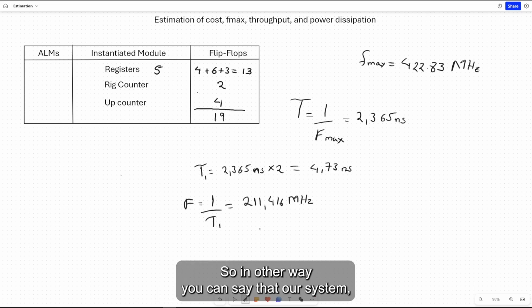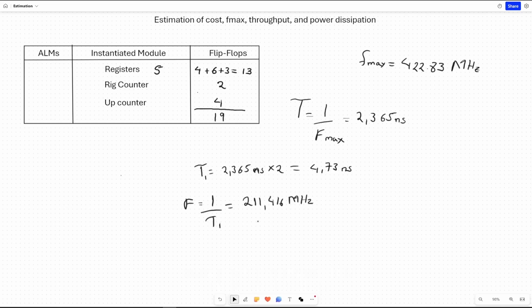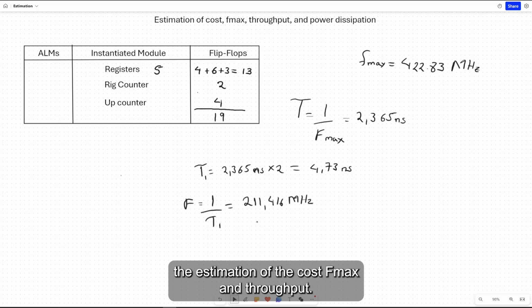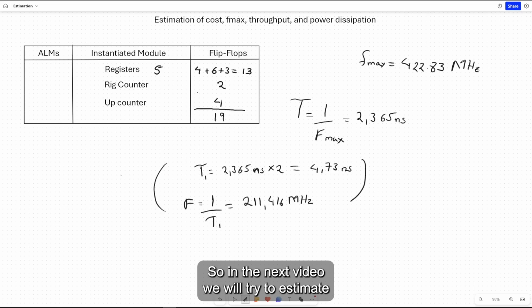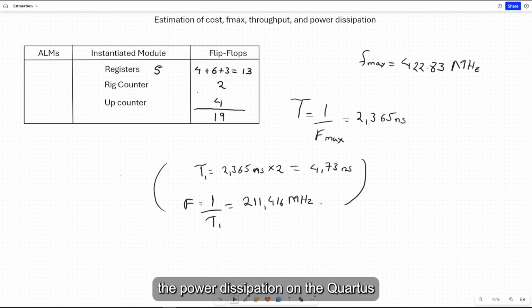So in other words, you can say that our system can calculate 211 million results per second. So this one was the estimation of the cost, fmax, and throughput. So we have calculated the throughput now here. So in the next video, we will try to estimate the power dissipation on the Quartus.